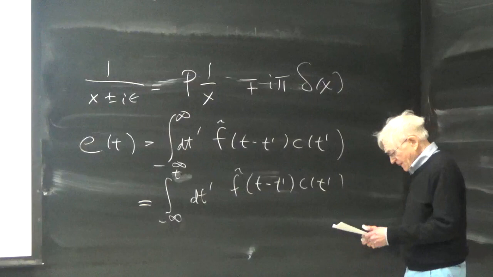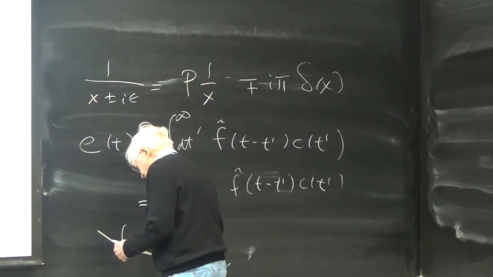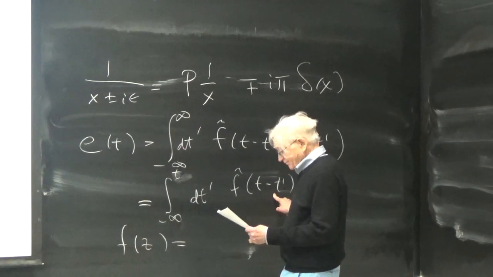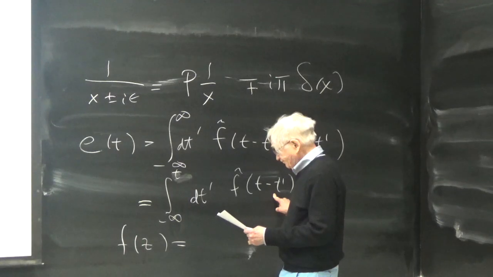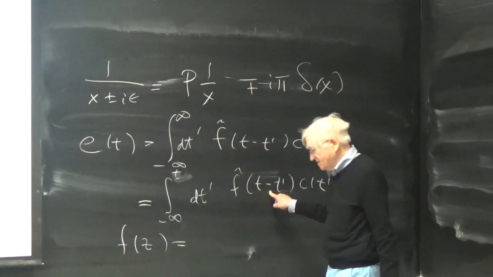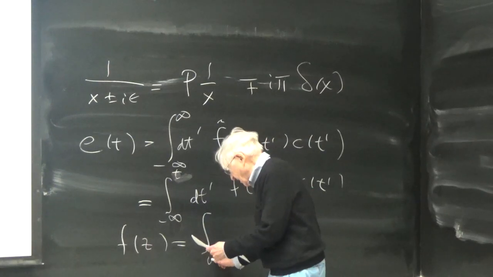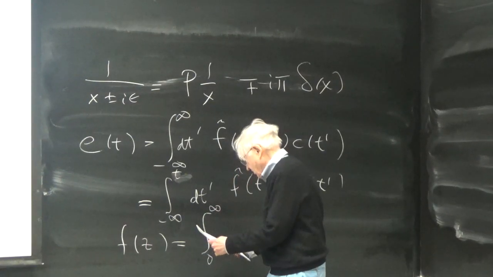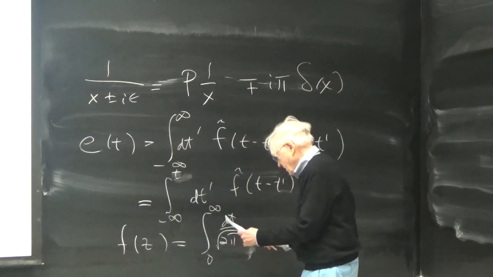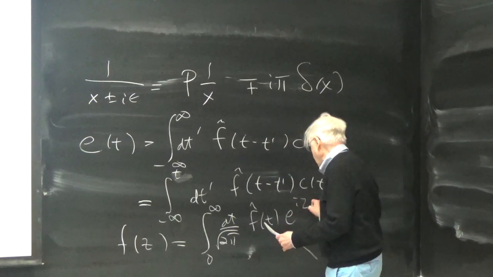And equivalently, this function, since it only is non-zero for positive values of its argument, can be written as a Fourier Transform, integral 0 to infinity, dt over square root of 2 pi, f hat of t, e to the I zt.